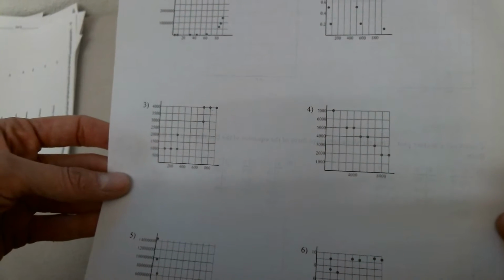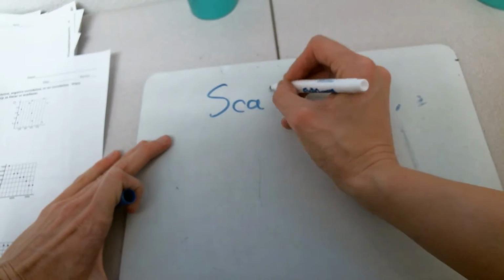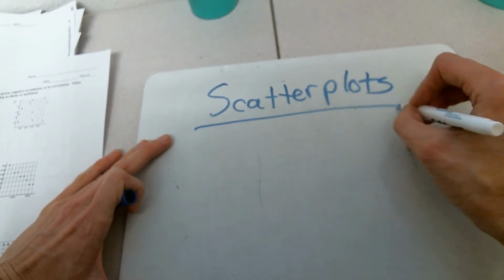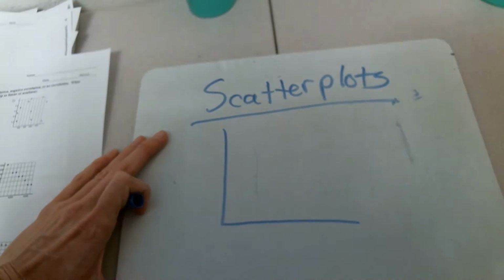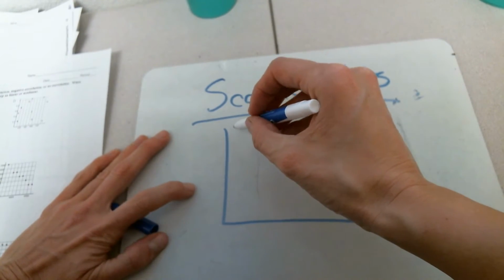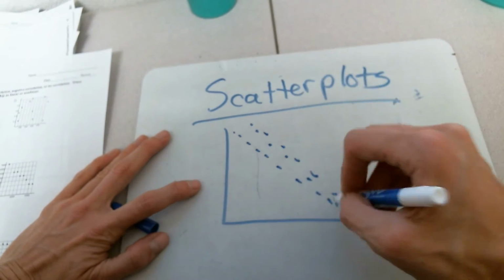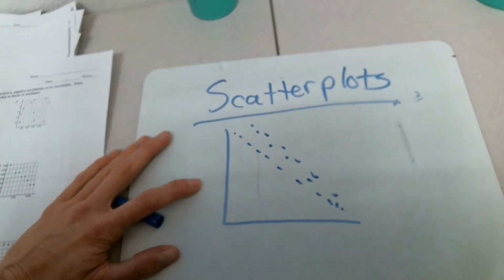Okay, so when we're looking for correlations, what it means is, if we're looking at a graph, which we call a scatter plot, comparing two things, if we're noticing a pattern. Sometimes we're going to notice a pattern that generally is going in the direction from left to right and going downward.